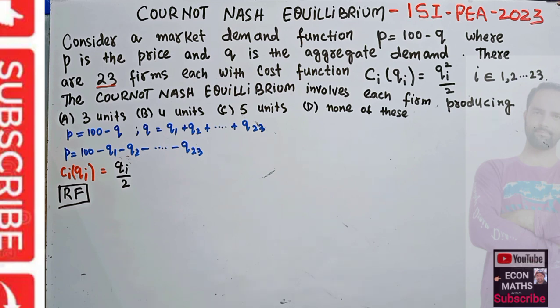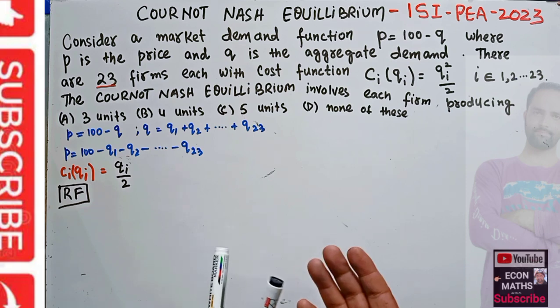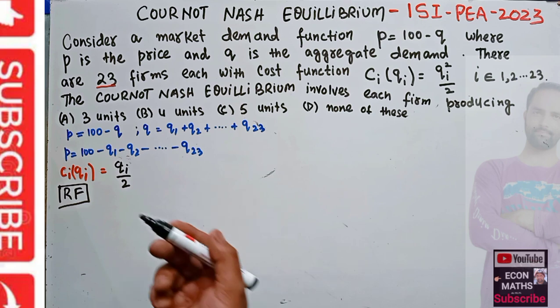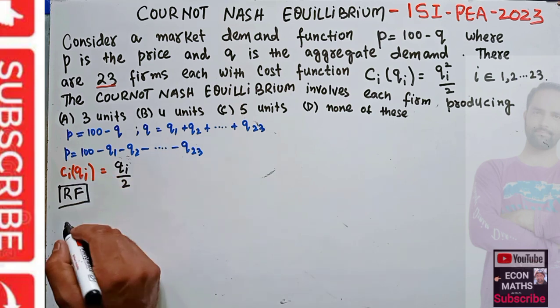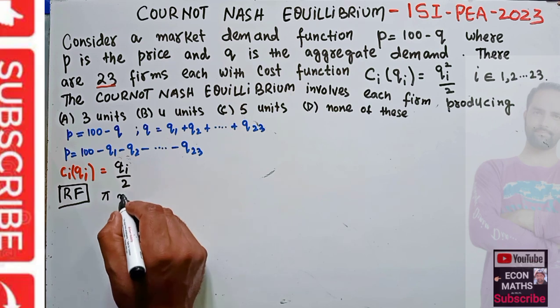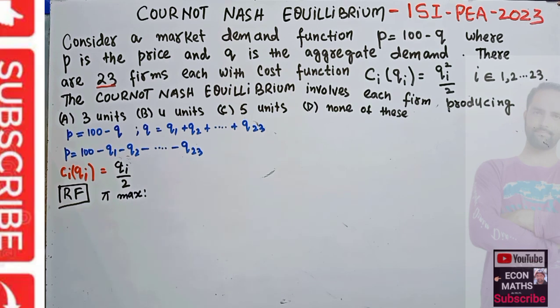We can find out the reaction function for firm 1 by the profit maximizing condition. We require to find out how many units firm 1 will produce if she wants to maximize profit. So we need to find out the profit maximizing condition for firm 1.